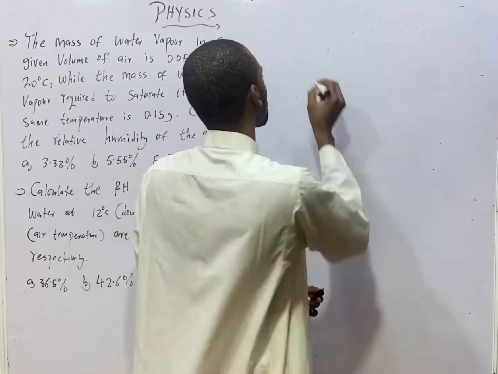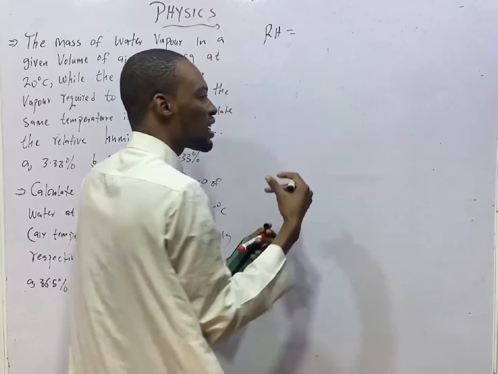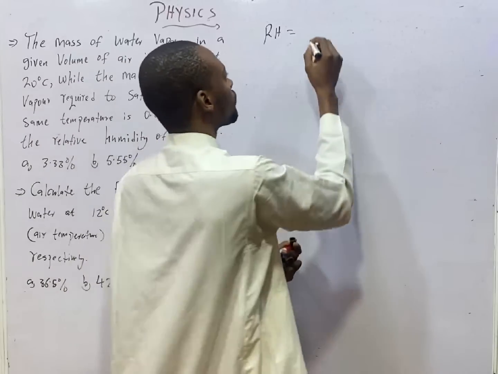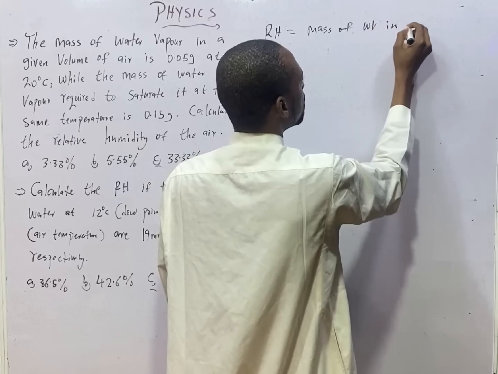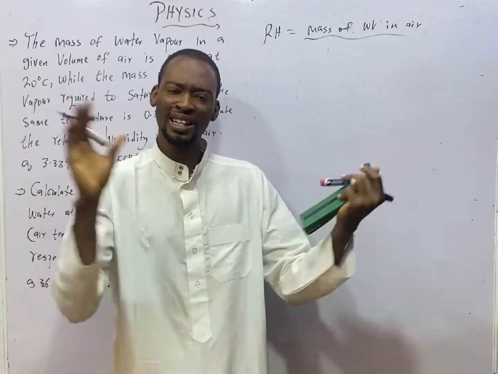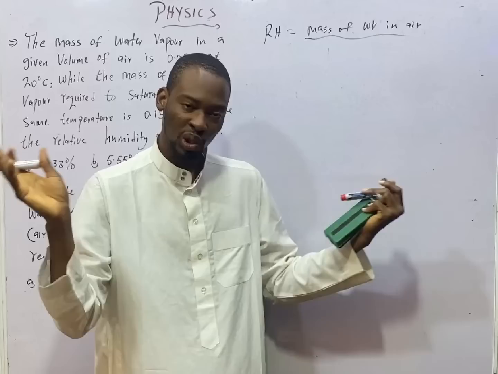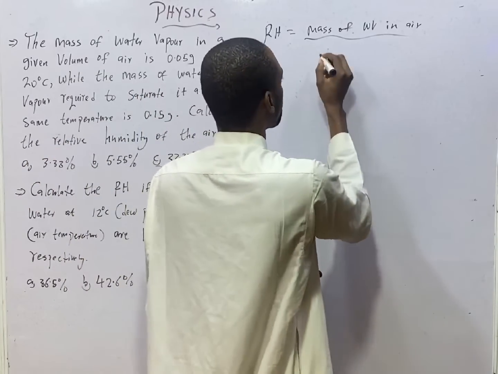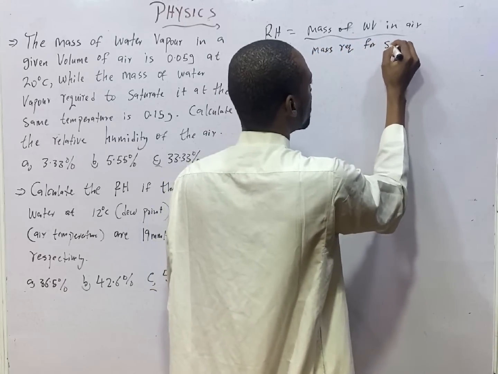Remember, I told you that relative humidity is equal to the mass of water vapor present in air over the mass required for saturation, the mass needed to saturate the air, the total vapor that the air requires.